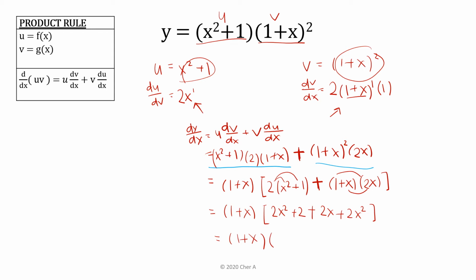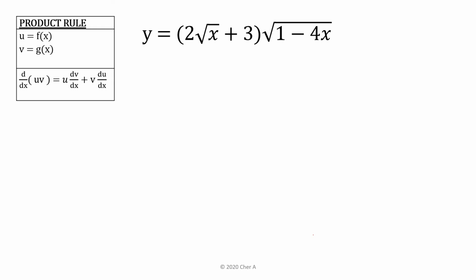I'll be having 4x squared plus 2x plus 2. Right, I should have taken out the 2 earlier. So now I will have 1 plus x. So in this function, I'll take out the 2, factorize out the 2. I'll be left with 2x squared plus x plus 1. And this is my final answer.